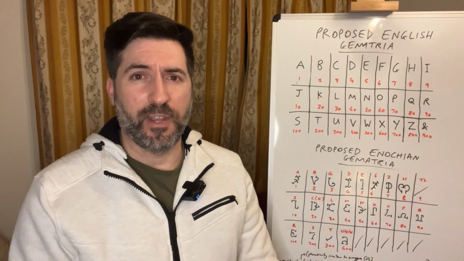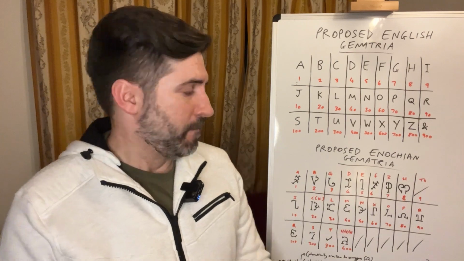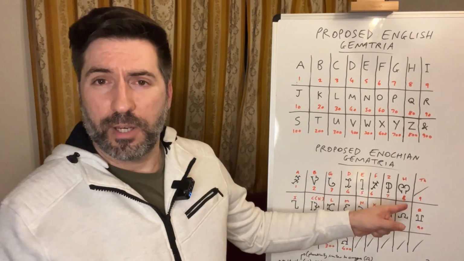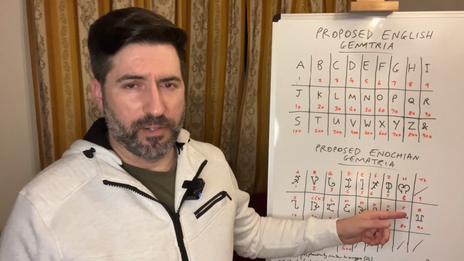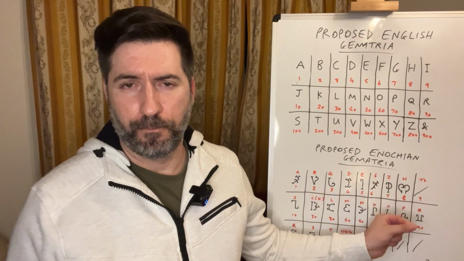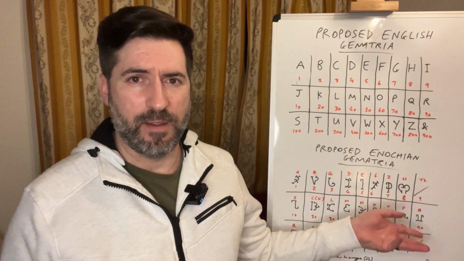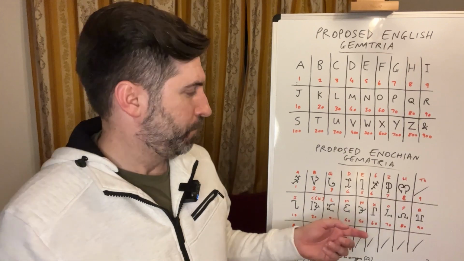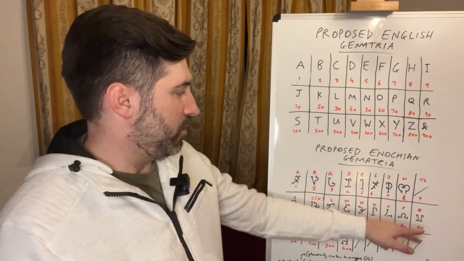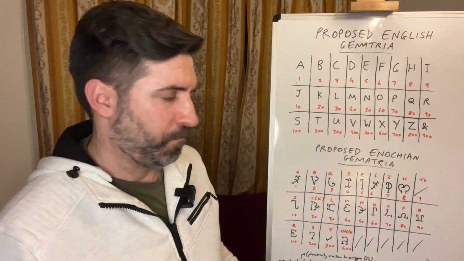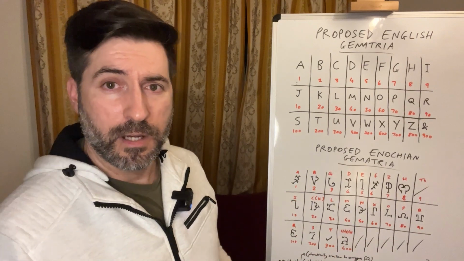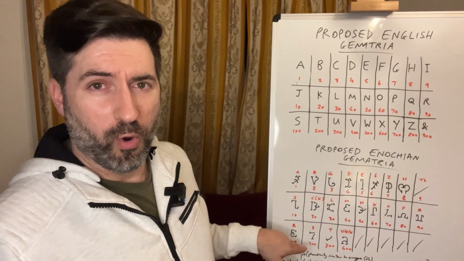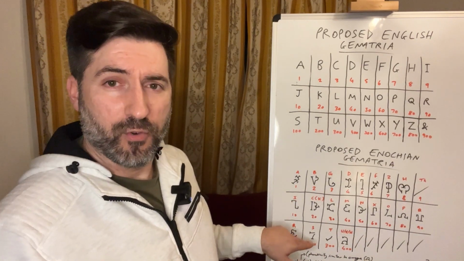And the reason that I say that is because in the Enochian alphabet, there's no equivalent to the letter tzadi, unlike in Hebrew where there is such a letter. And the reason why that's important is because in Greek gematria, or isopsephy, your letter R, or rho in that case, is 100.